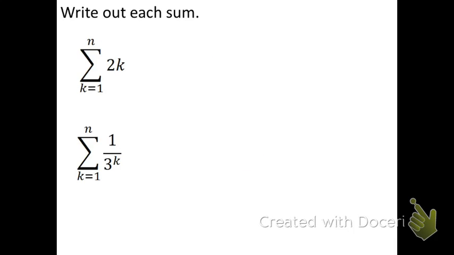Okay, so let's write these out. What does this mean? The sum from k equals 1 to n of 2k. Well, we can write that as 2 times 1 plus 2 times 2.